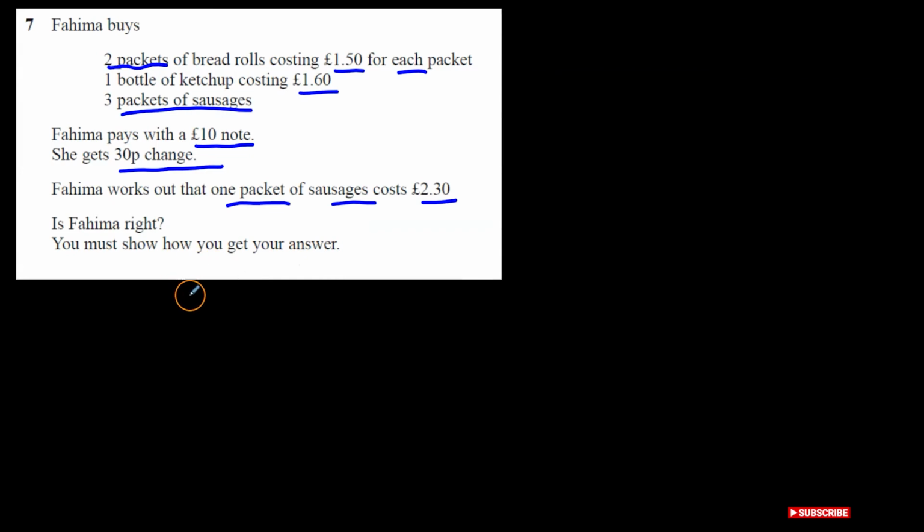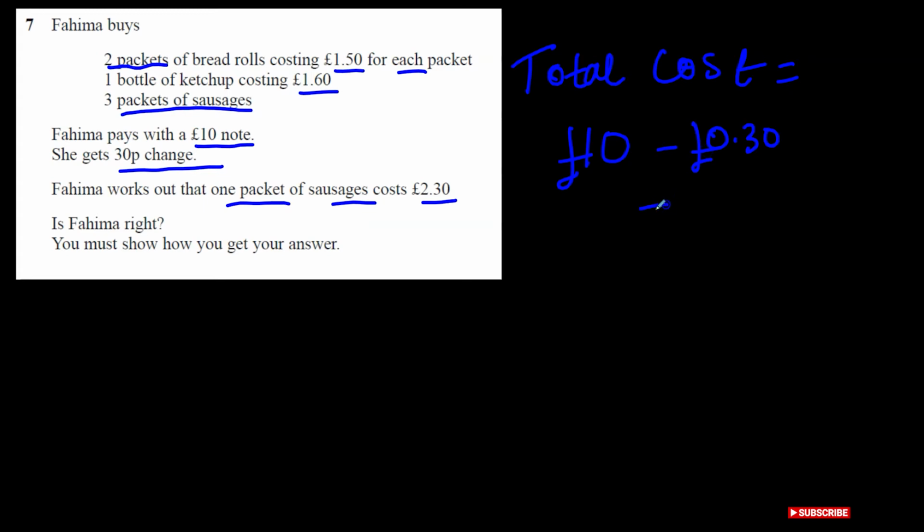So what we can do first, we know we got 30p change, so let's just work out the total cost of buying these items. So we're going to put down total cost is going to be equal to £10 take away 30p, so that's going to be equal to £9.70.